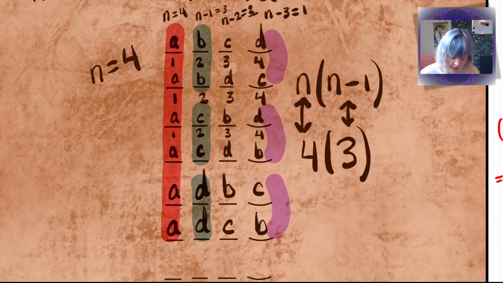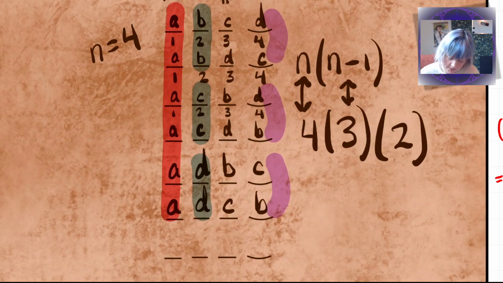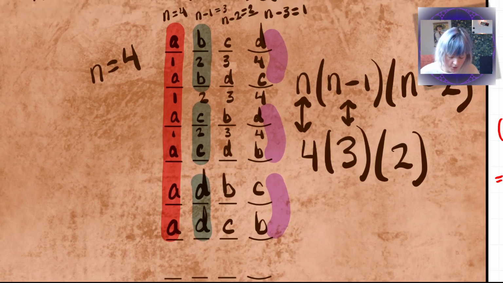So then the doubling is a factor of 2. I'm applying 2 to each of these 3 groups, which gives me 6, but then there's 4 of those. So I don't know if that helps or not, but that would be why we have n minus 2, because 2 in terms of n in this case would be n minus 2, because you have 4 minus 2, which is 2.